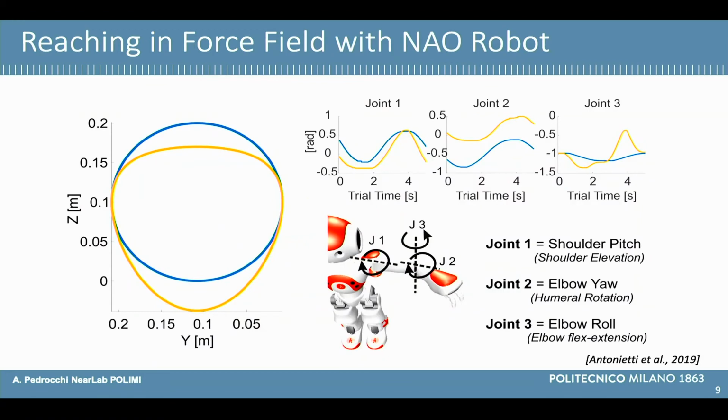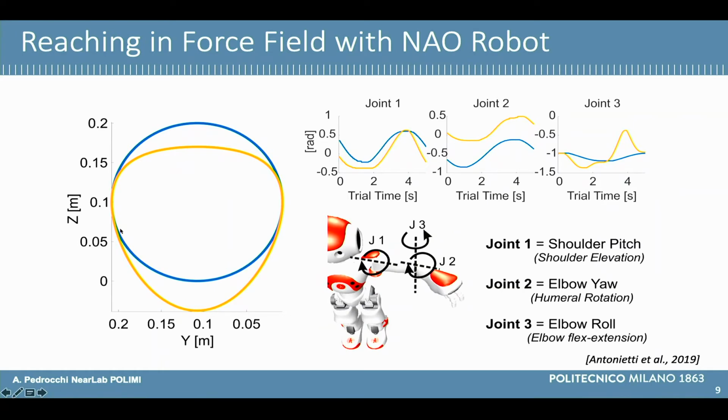Another protocol is about reaching in a force field. Here, the protocol responds to a very cerebellum-focused feature. If you have to take a luggage, you always have a good estimate of the weight you are going to carry. And this estimate comes from your experience. And so now Nao has to follow a track, and at a certain point, an extra load is put on his hand.